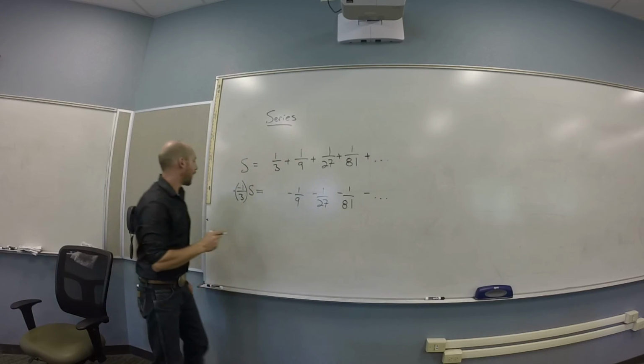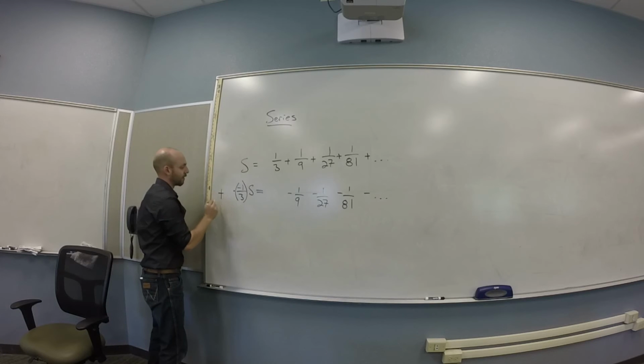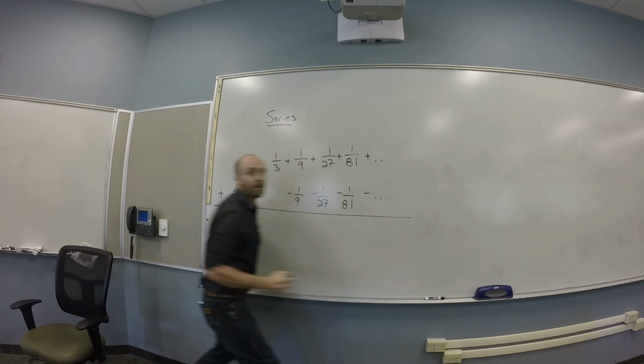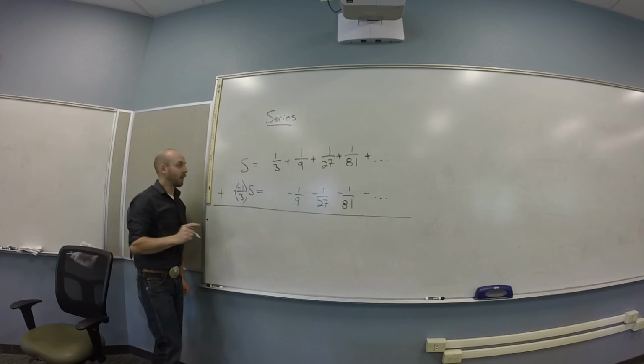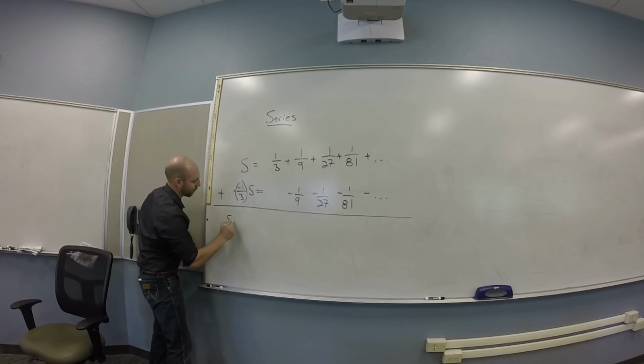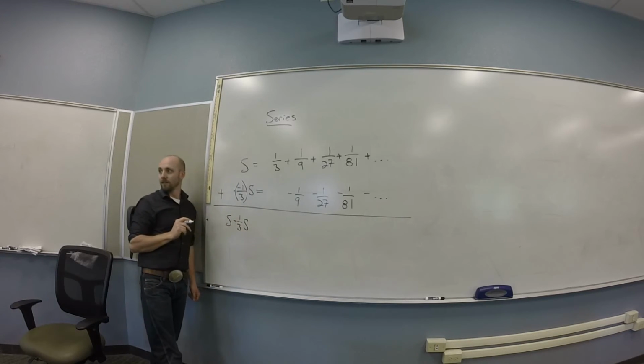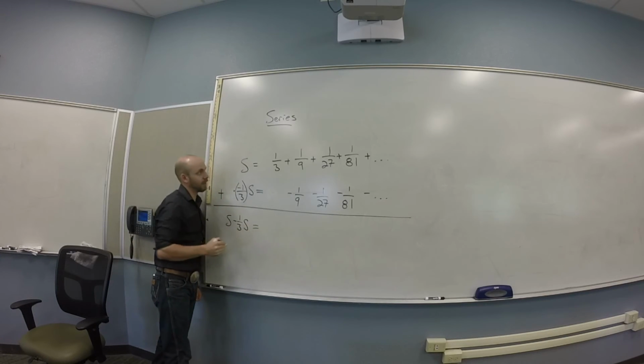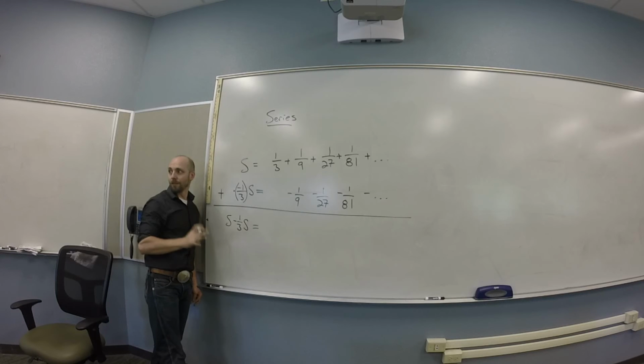Okay. Then if I add these two series together, on this side I'll get S minus 1/3 S. You guys with me? And on the other side I'll get just 1/3, right?